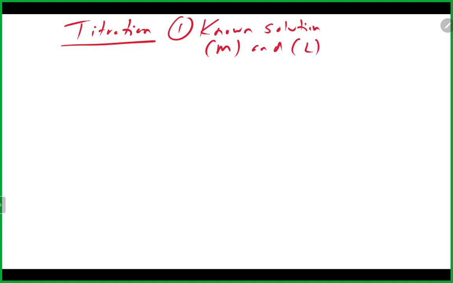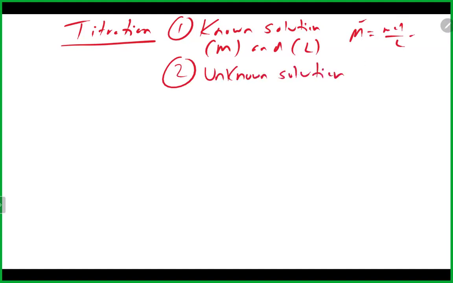Molarity, again, is moles per liter. So usually in your known solution, you have both of those things given to you. Now, you typically will have an unknown solution, which is a solution you do not know everything about. Most commonly, you may not know the molarity of it. You may not know how many moles of it you're starting with. That's very, very common.